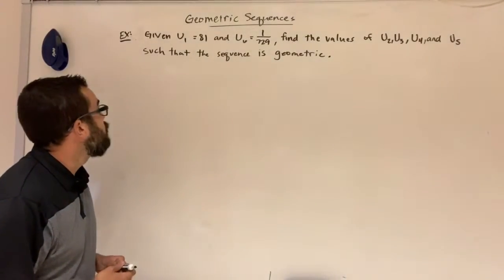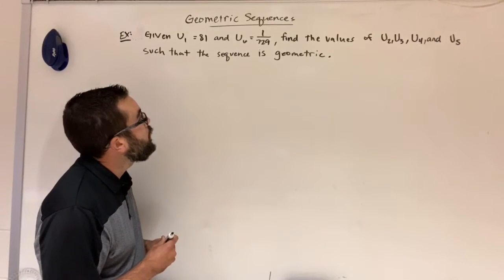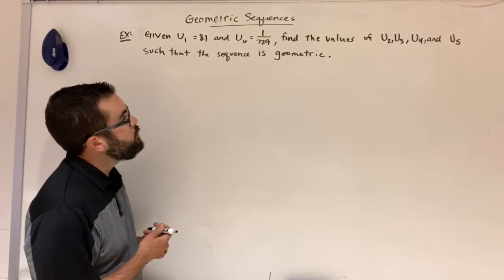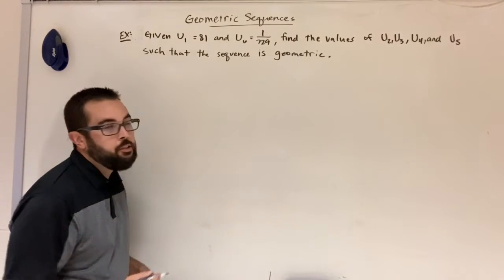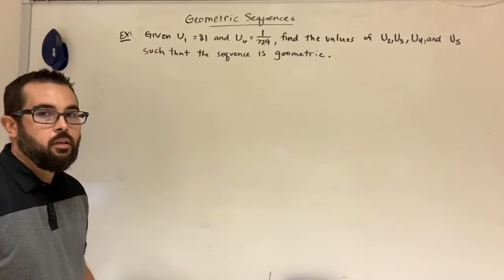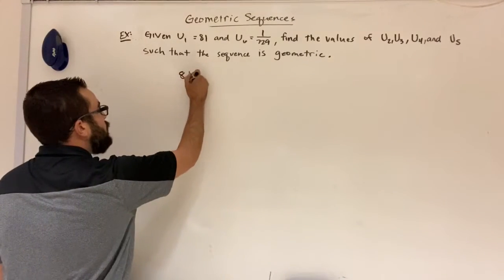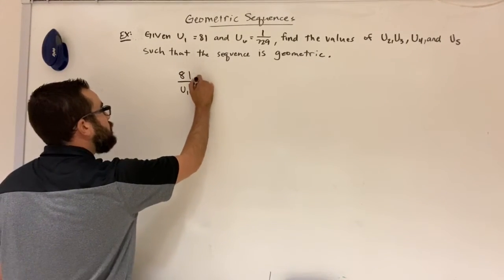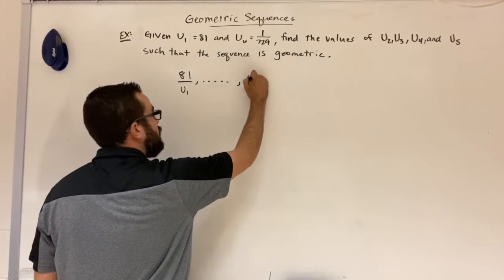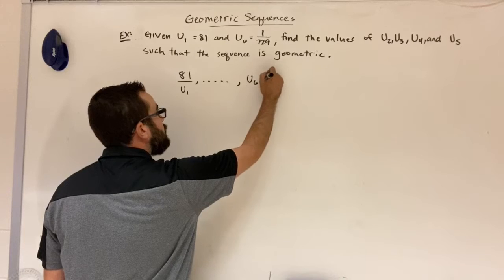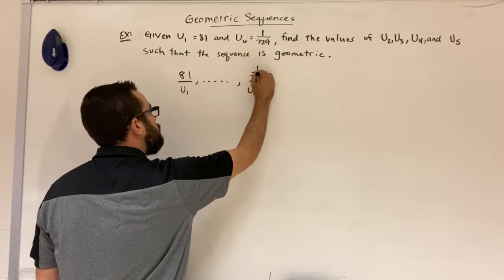So in this example, we're given that u1 is 81 and u6 is 1 over 729. Find the values of u2, u3, u4, and u5 such that the sequence is geometric. Okay, so we have u1 here. We don't know the stuff in the middle, but we do know that u sub 6 is 1 over 729.